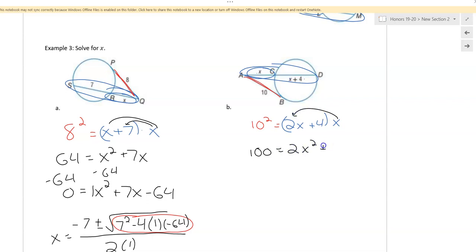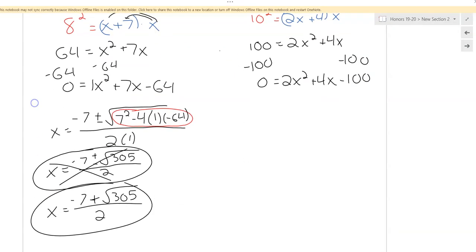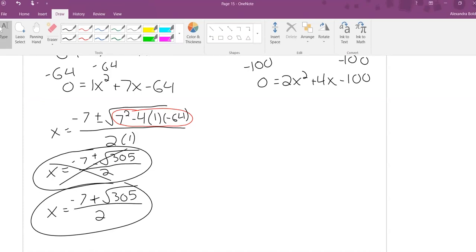2x squared plus 4x. Again, I have an x squared and I can't get rid of it because there's none on this side. So I'm going to subtract 100. 0 equals 2x squared plus 4x minus 100. Using our quadratic formula to solve for x.